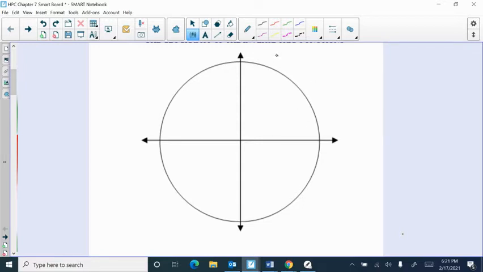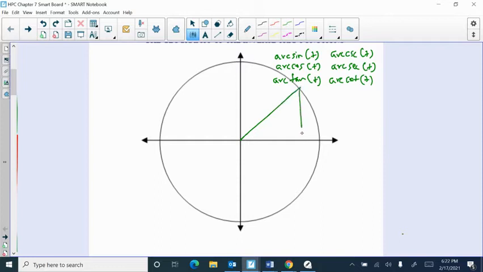So if you have an arc sine, arc cosine, arc tangent, arc cosecant, arc secant, or arc cotangent of a positive ratio, you will draw those triangles and label what your ratio is, and your theta will be an acute angle, between 0 and 90 or 0 and pi over 2.